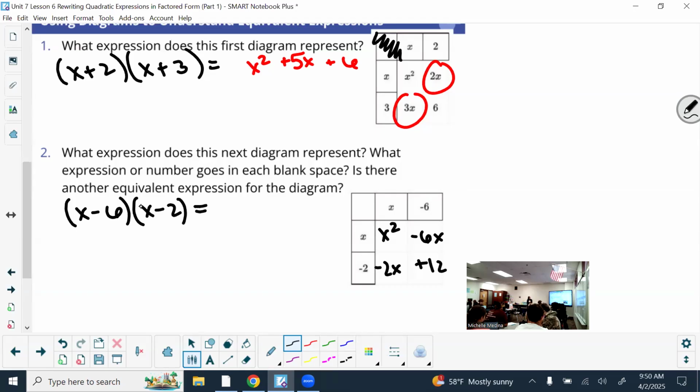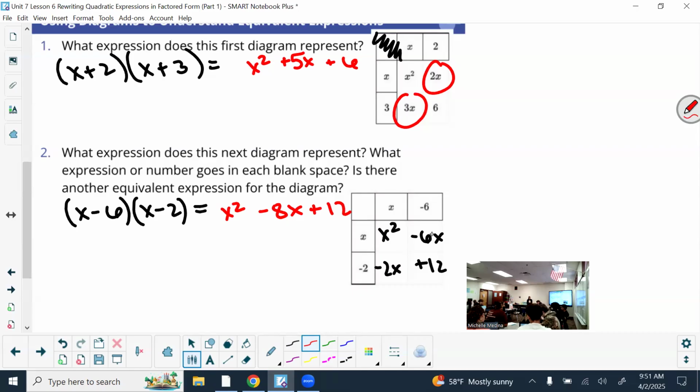Okay, great. And then based on what I have here, to make the standard form, table 4, what's going to be my standard form for this? Plus 12, I think you mean?